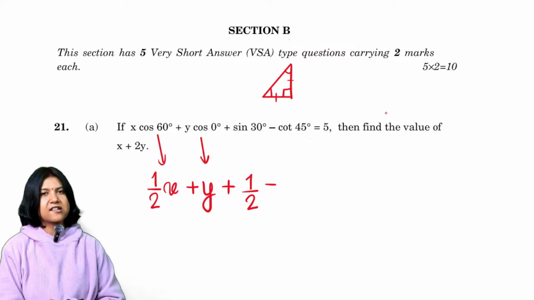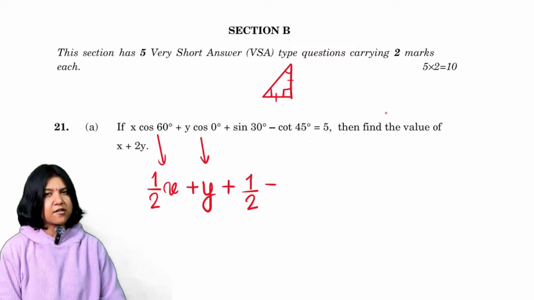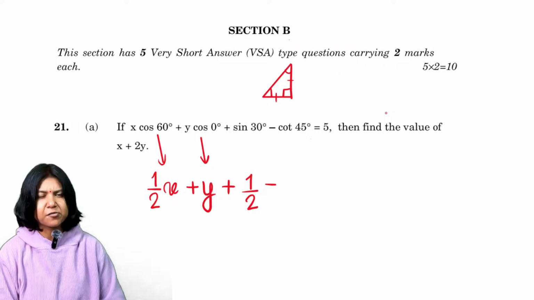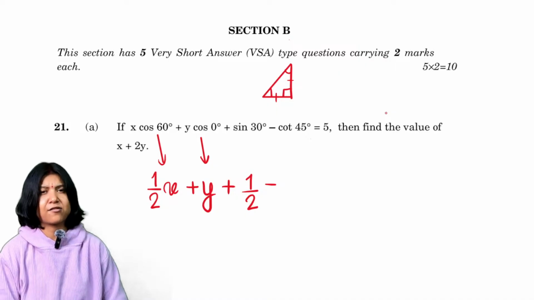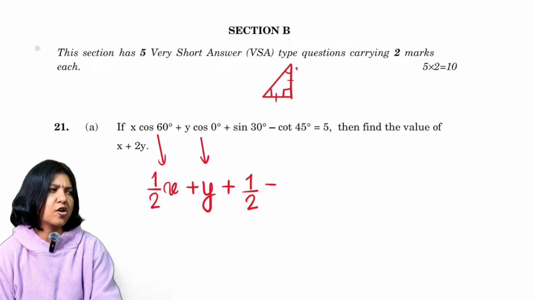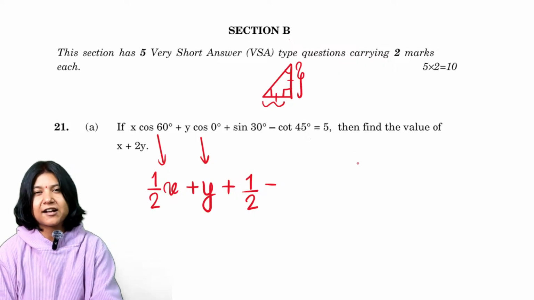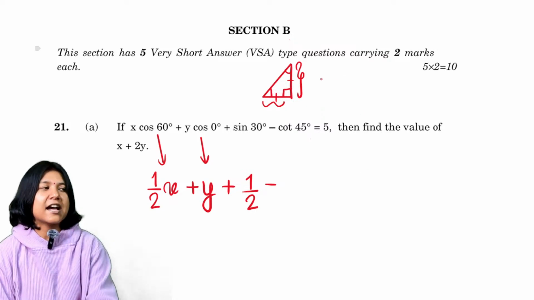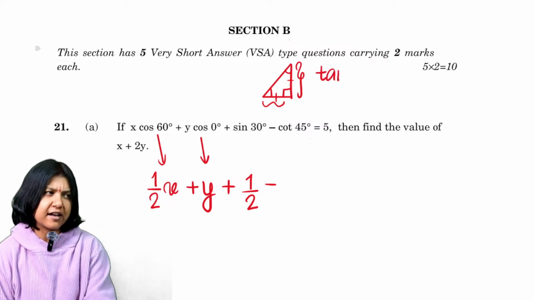The triangle has become an isosceles triangle. There is no point in saying that the hypotenuse will be equal to any of the sides. So the other two legs, the base and the height, have to be equal. If they are equal, the triangle is isosceles. So at 45 degrees, tan 45 means the ratio of the perpendicular to base, because the ratio of equal sides will always be 1:1. Tan 45 or cot 45 is always equal to 1.